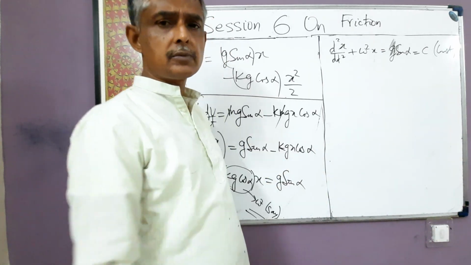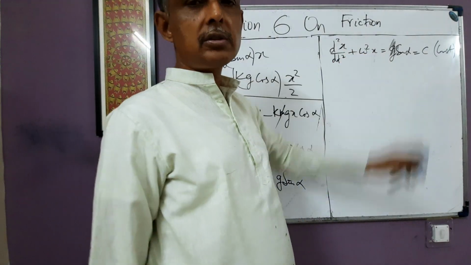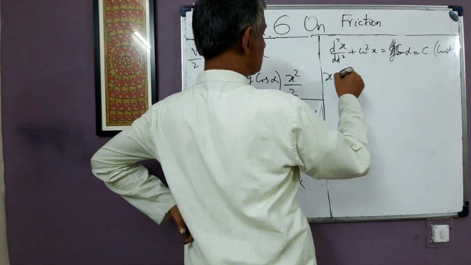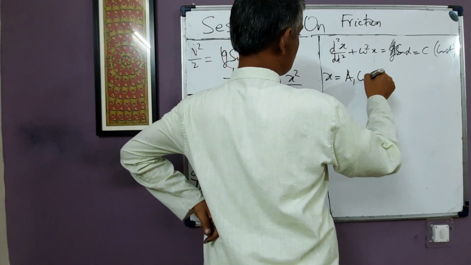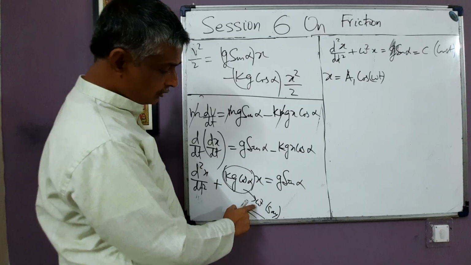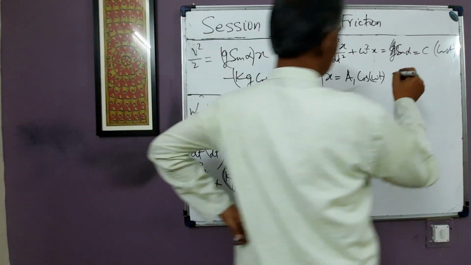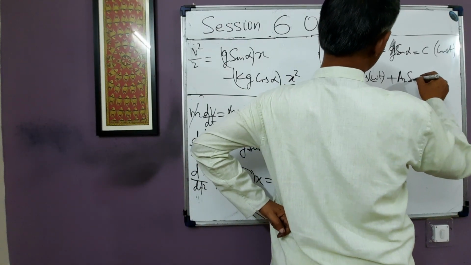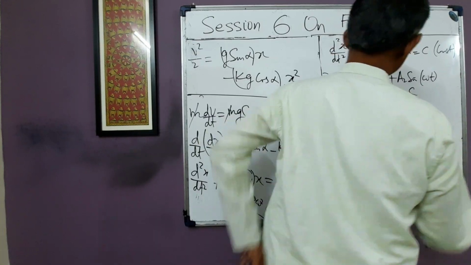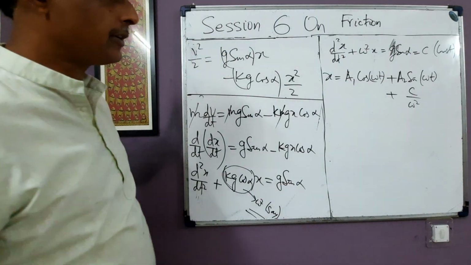So you must definitely know the general solution of this differential equation. The general solution is x equal to a1 cos omega t plus a2 sin omega t plus c by omega square, where c is equal to g sin alpha.